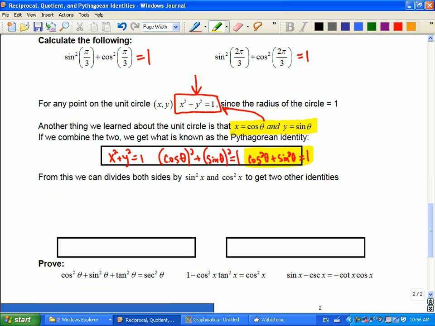But we're going to go a step further with it. Sine squared plus cos squared equals 1. Watch what happens if we do a little, I guess, witchcraft, as Tony would call it. I'm going to divide everybody by cosine squared.